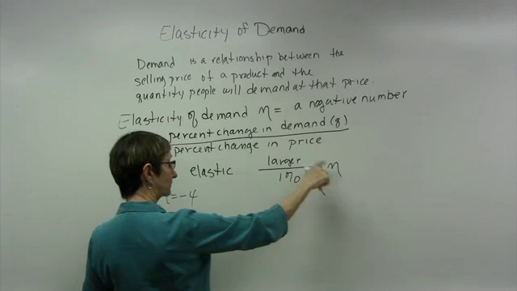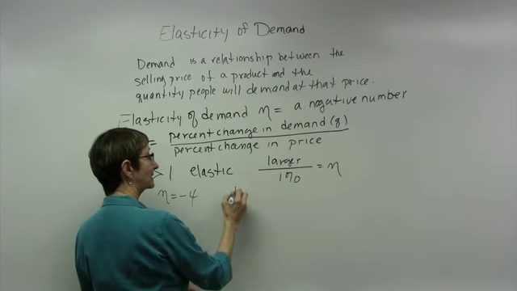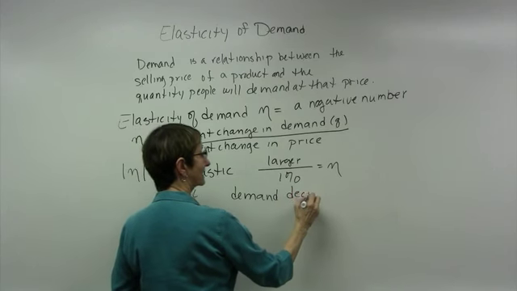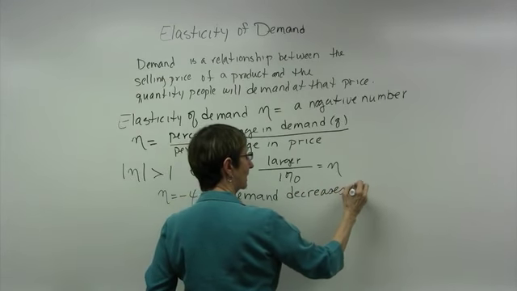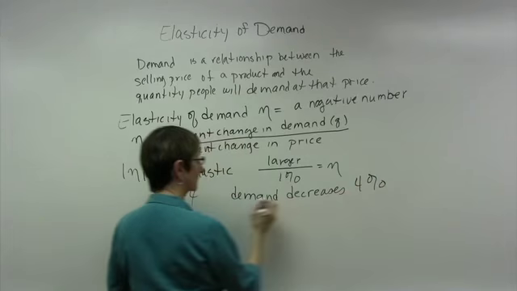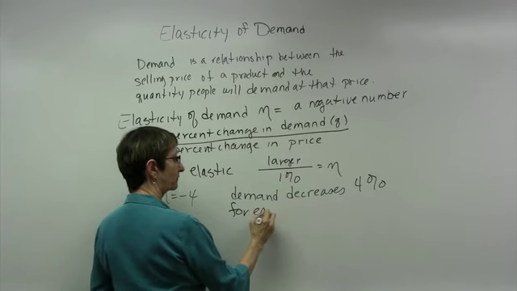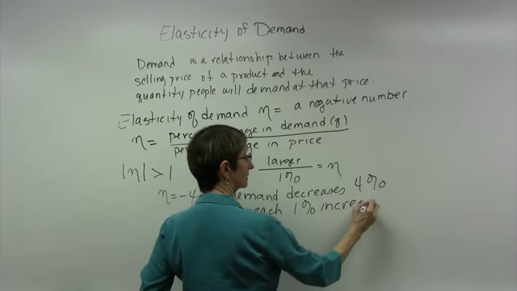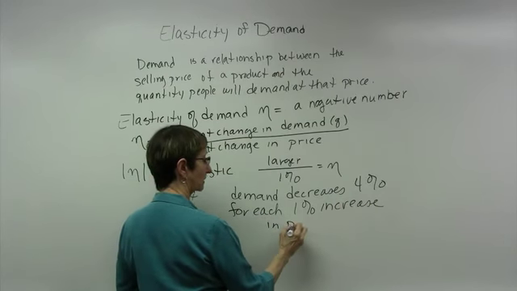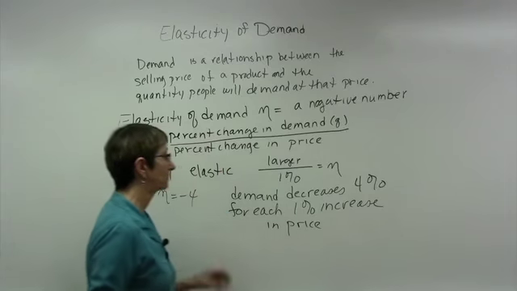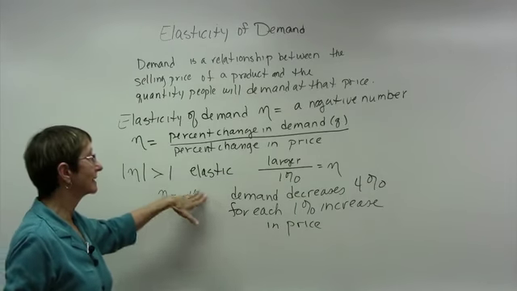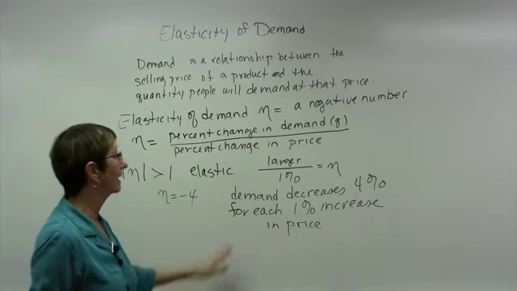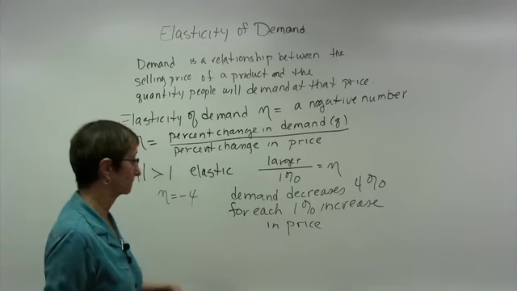Then that tells me that my demand decreases 4% for each 1% increase in price. That's another way to talk about it. How does demand change based on a 1% change in price? And we consider usually a 1% increase.